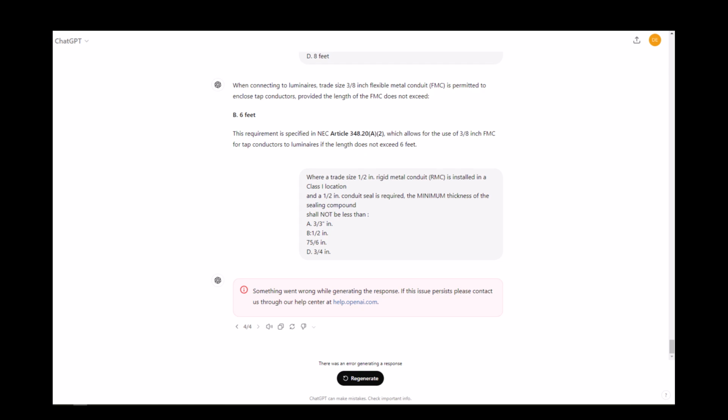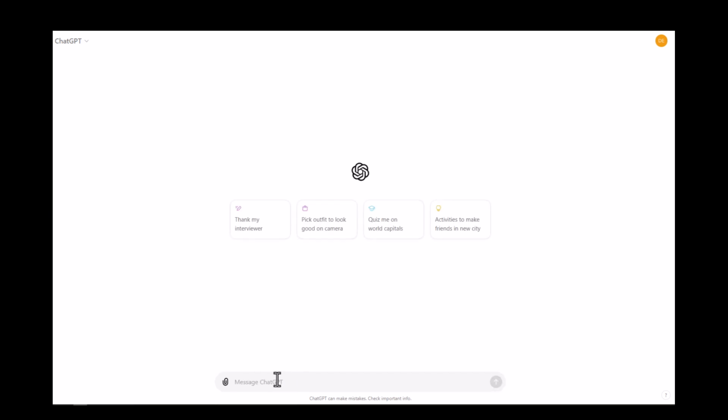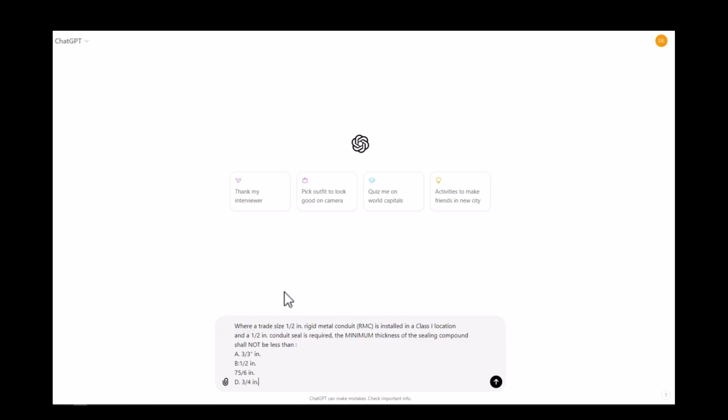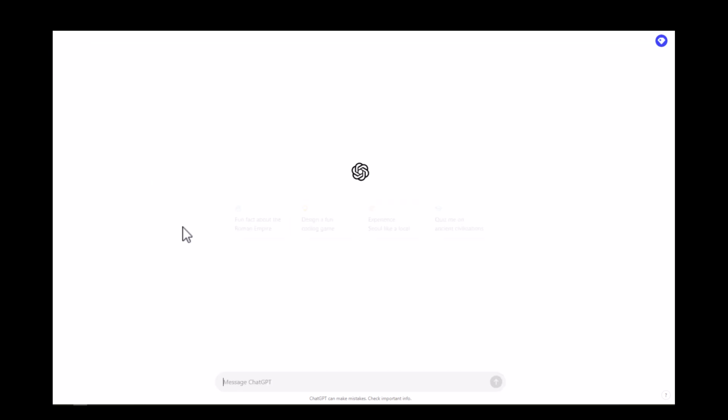In this case, I prefer to copy this question, generate a new page, and start my question again. Probably it doesn't let me because I have been connected to ChatGPT for a long time, so let me refresh my page to see what's happening.